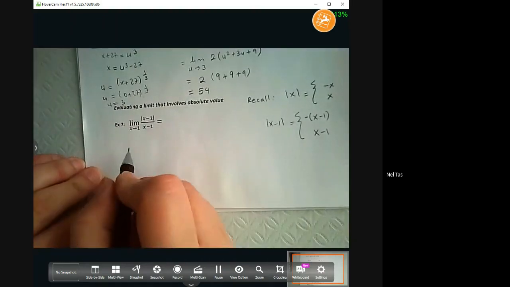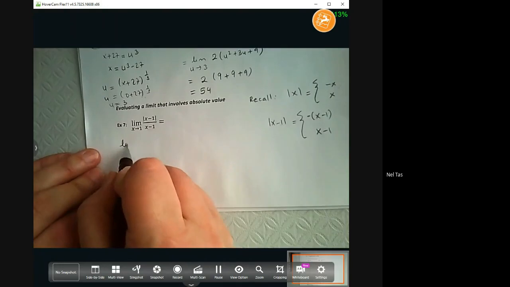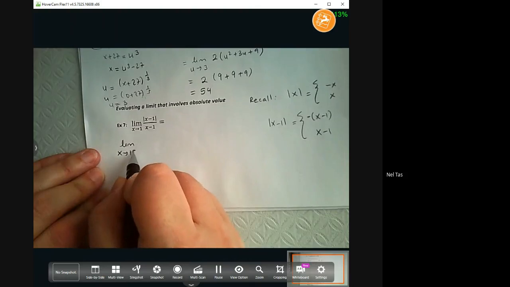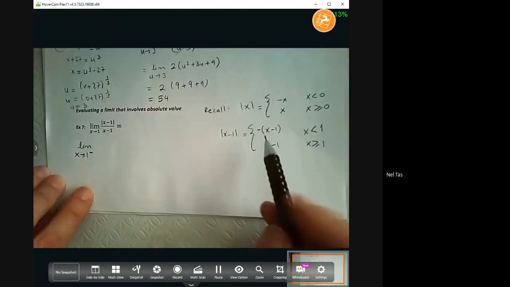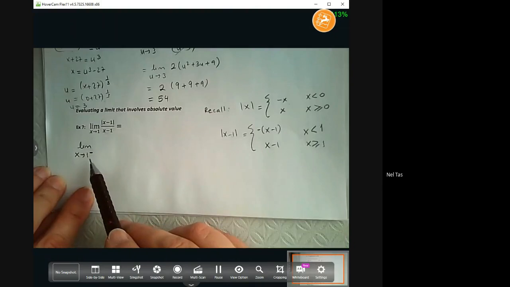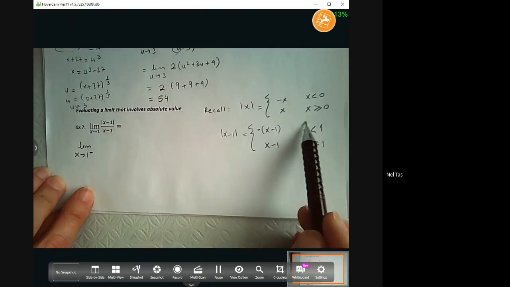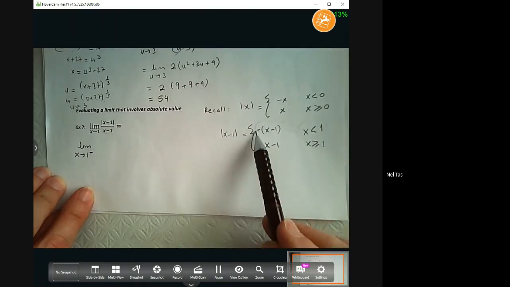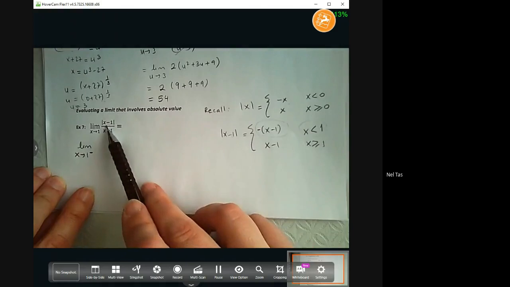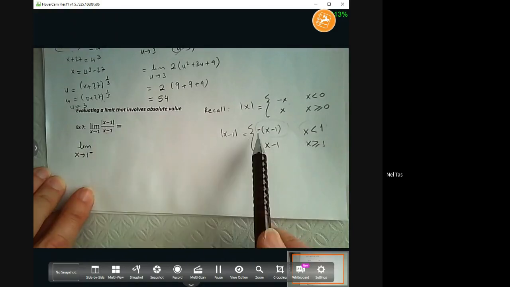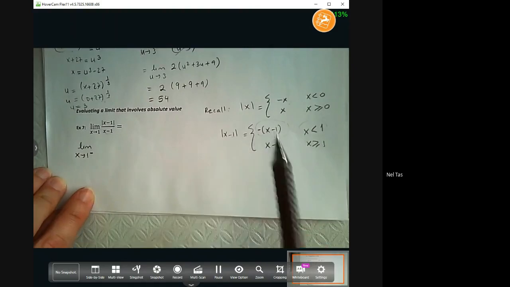So having said that, now we can look at the left side limit and the right side limit. The limit of this as x approaches 1 from the left. When we look at the left side limit, we are looking at where x is getting closer to 1 from the left, let's say 0.9999. So then we are going to use this part and replace the absolute value of x minus 1 by negative in a bracket x minus 1.